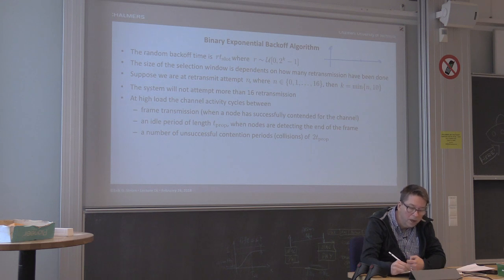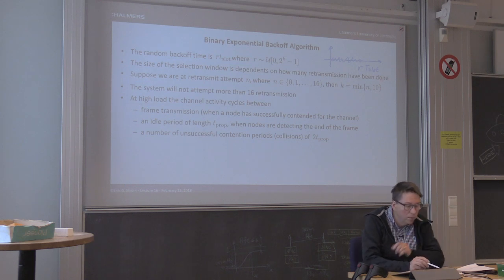The backoff time can be at most R times T slot, and the maximum R can be is 2 to the power k minus 1. So the interval for the backoff time, the size of that selection window, depends on how many retransmissions we have done. It depends on this factor k.